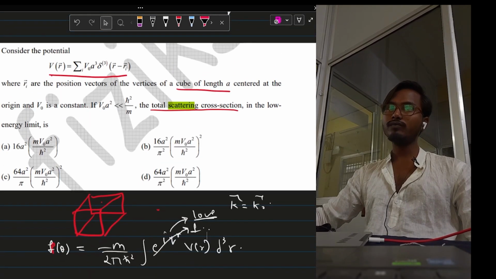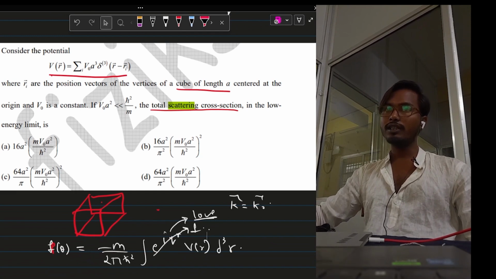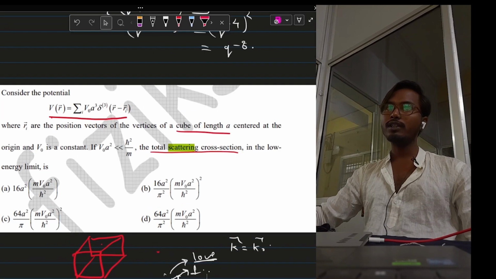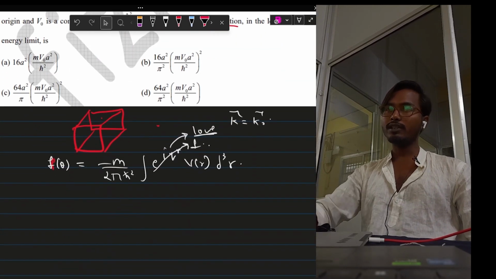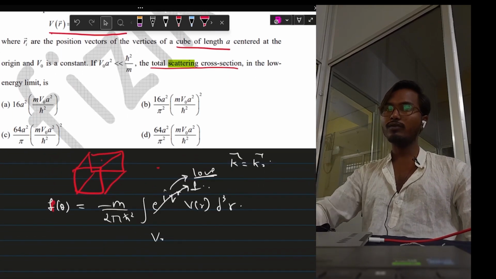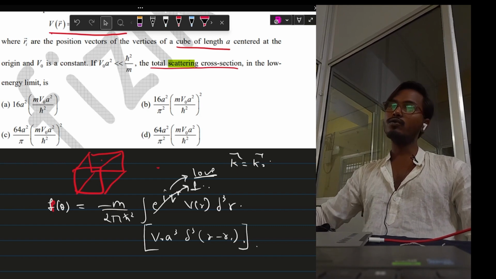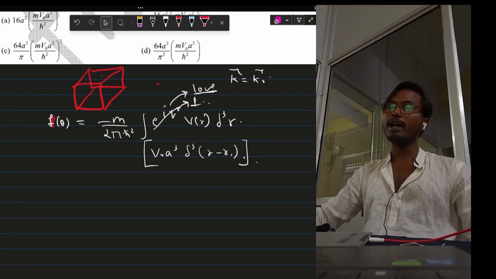Okay, and then as we can see, this has the form of discrete values. So for discrete values, we can say that this is potential V naught, and then V naught A cube, delta cube of R minus R naught. You should have some understanding of the Dirac delta potential.